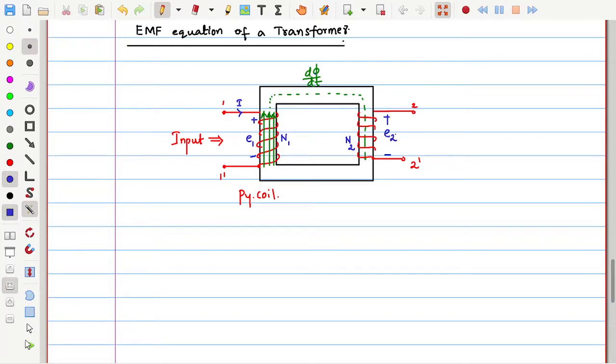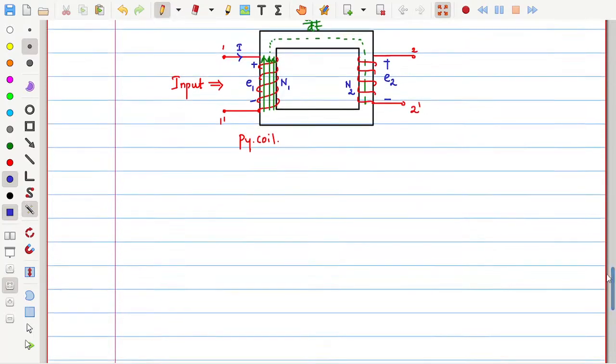Now our main motto is finding what will be the induced EMF E1 and E2 in the form of various parameters. For which, let me give you some notation. Here N1 is the number of turns in primary, and N2 is the number of turns in secondary.